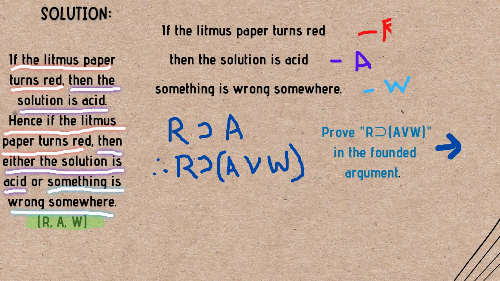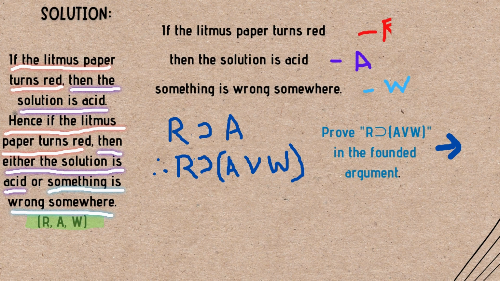So we will be forming an argument. The first statement is, if the litmus paper turns red, then the solution is acid. Here they are using if-then. Litmus paper turns red is R, and then the solution is acid is an implication, so R implication A. The second premise hence is coming, so we will be considering it as the conclusion.